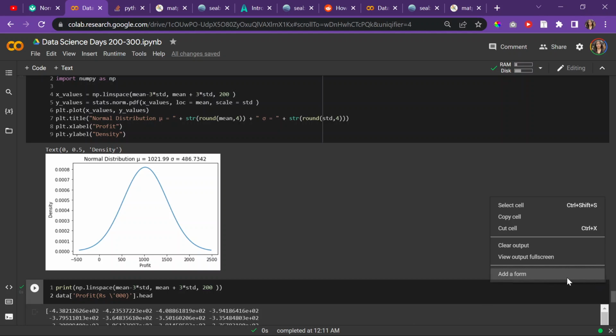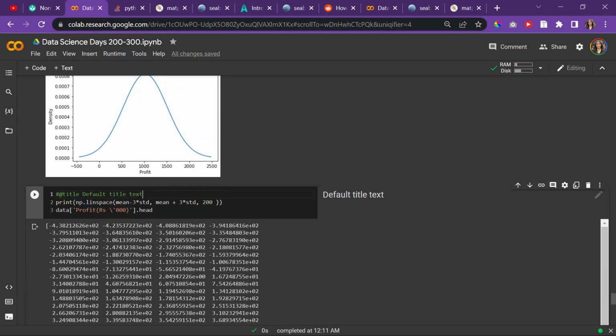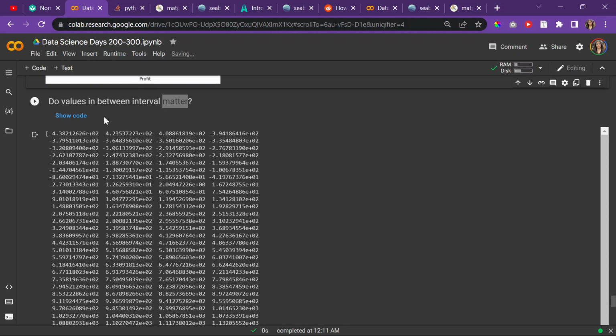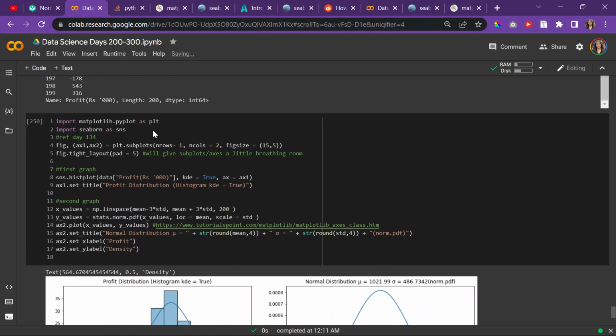I'll right click, add a form, and call this: do values in between the x interval matter? You get the point. So I'm going to leave that there.